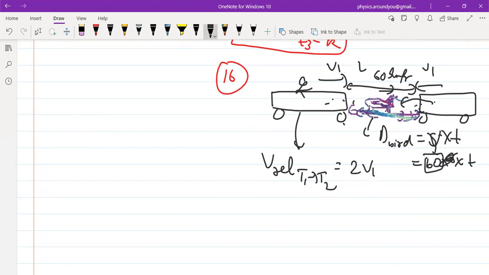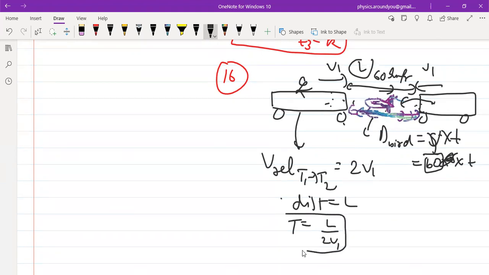And what is the distance it will travel to hit you? The distance would be L. So what is the time taken by the second train to hit you? Time taken would be distance by speed, which is L by 2v1. In this time, how much distance would this poor bird have flown?